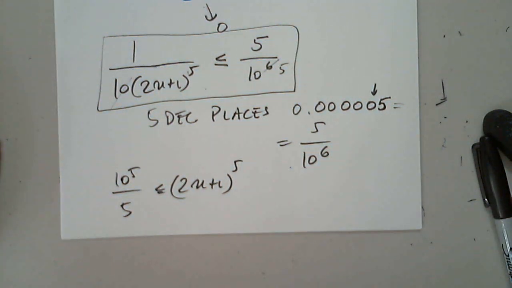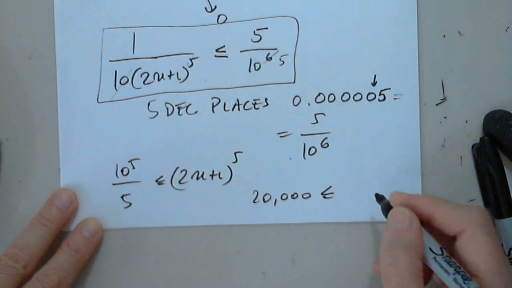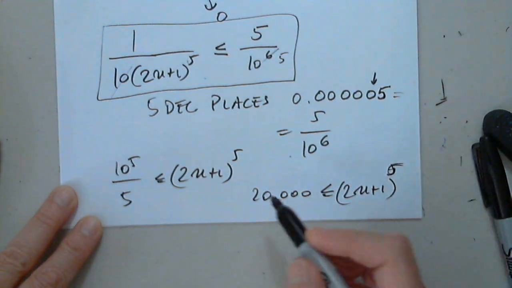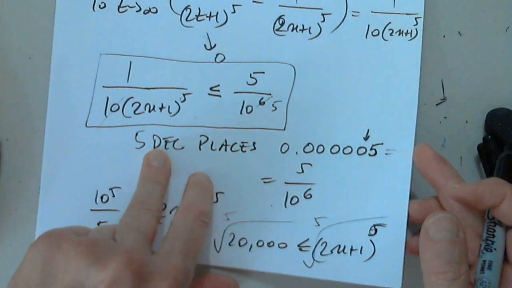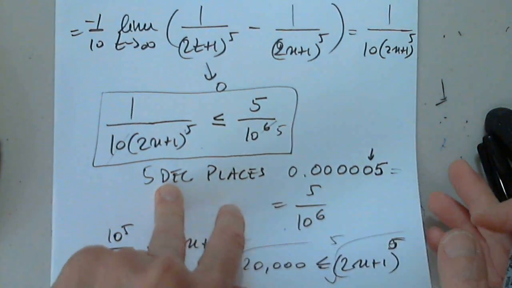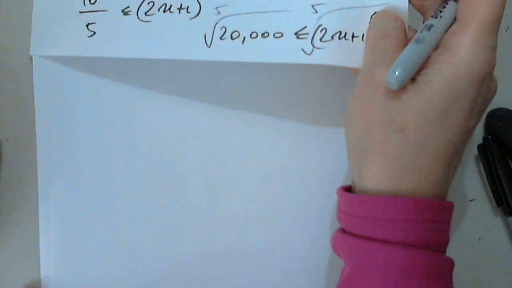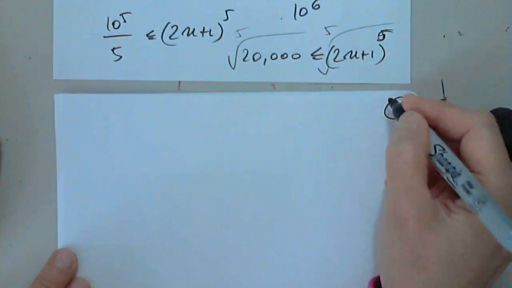That will be 20,000 less than or equal to (2n plus 1) to the fifth. Now I will apply the fifth root to both sides because both of them are positive. Otherwise I can't. Keep in mind for even indices, that's not allowed.